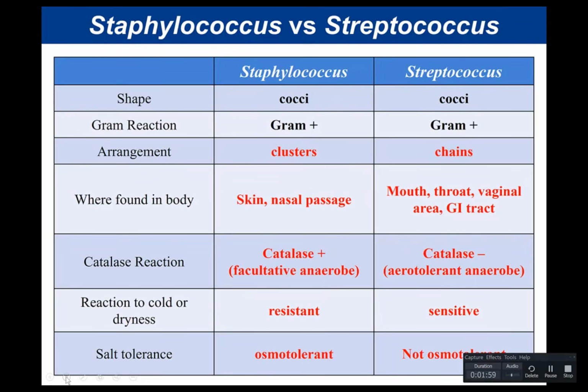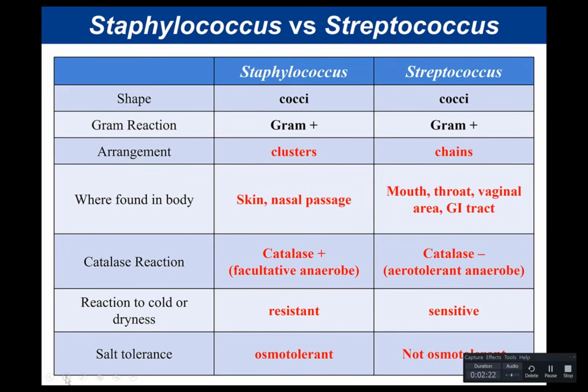Catalase reaction. So you might wonder, why was catalase on that list of tests to know? Wasn't catalase part of exam 2? The answer is yes, but the reason it's there is because catalase is a key rapid test that can be done to differentiate between Staphylococcus and Streptococcus.